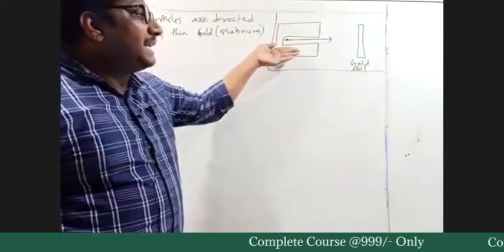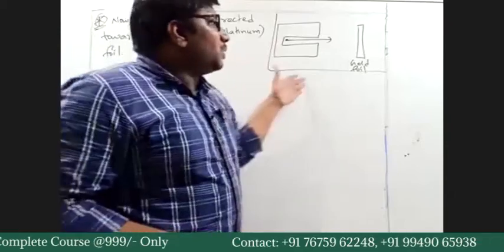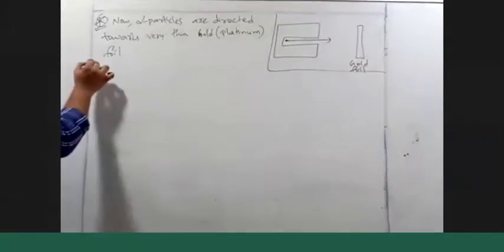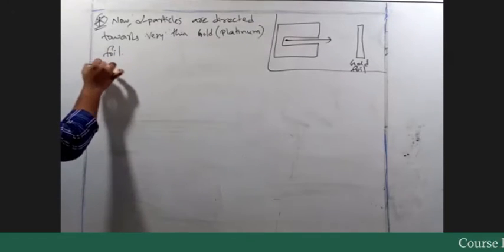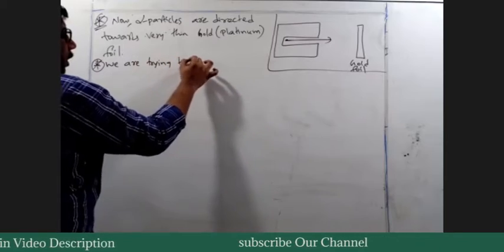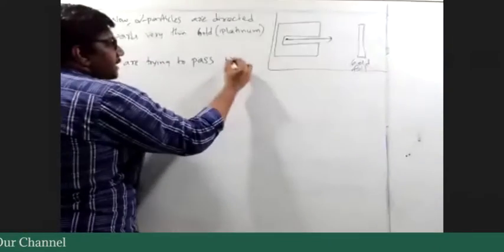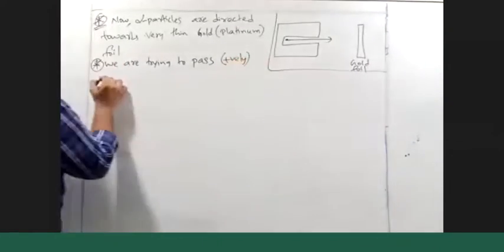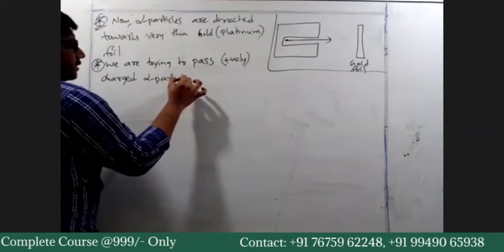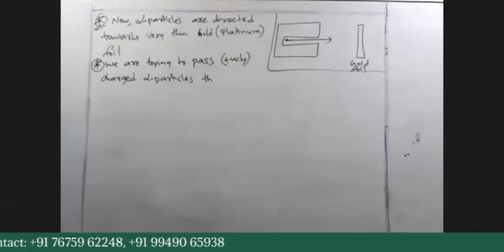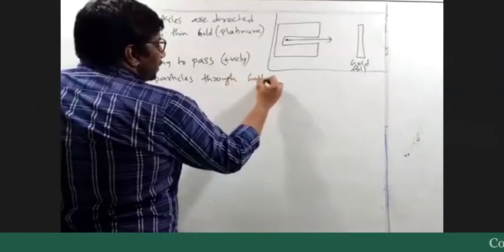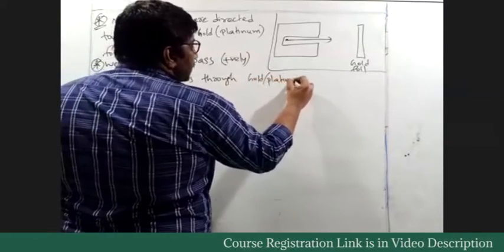So what we are trying to do is pass positively charged alpha particles through gold or platinum atoms.